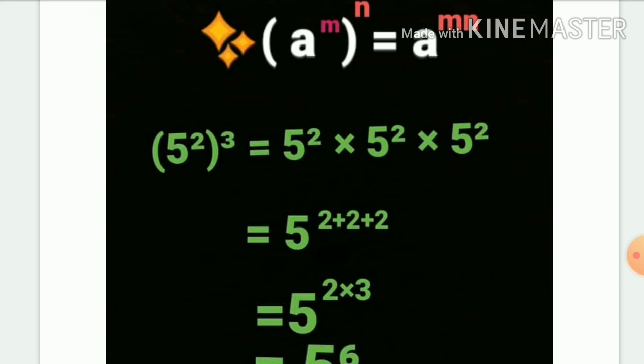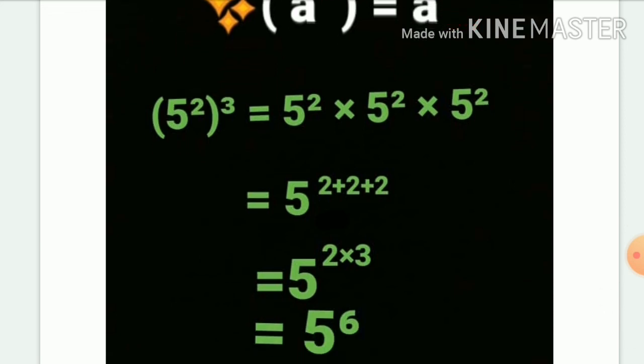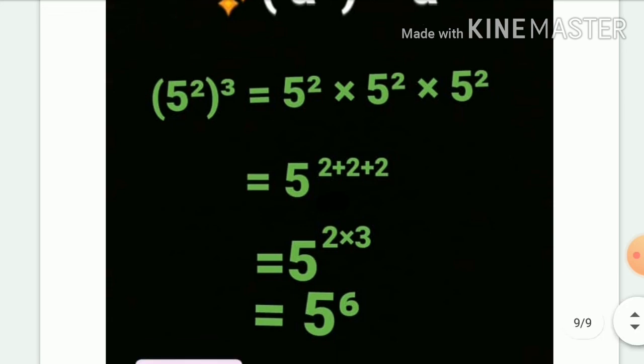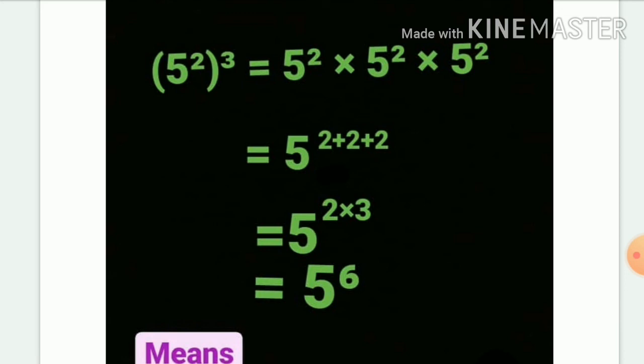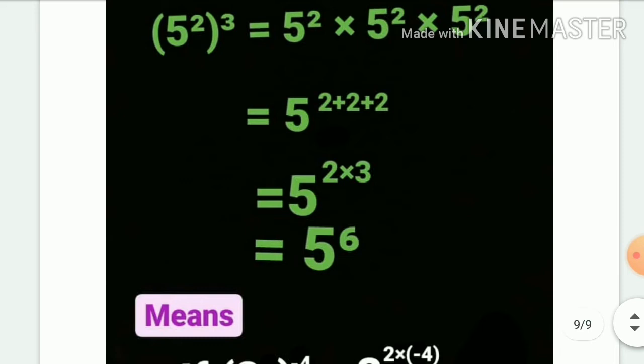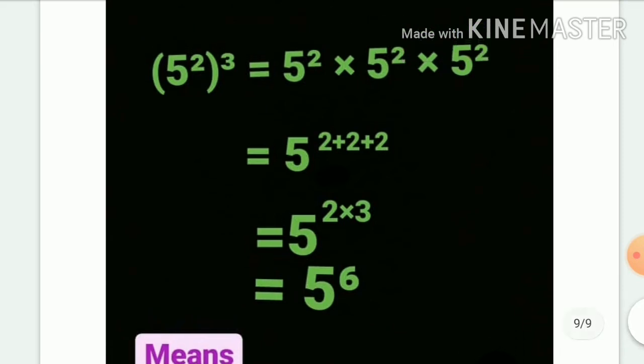All the same base are there, and in multiplication the index gets added. So 2 plus 2 plus 2, because 2 is coming 3 times. 2 plus 2 plus 2 is 6 only. So this can be written as 5^(2 into 3), that is 5^6.